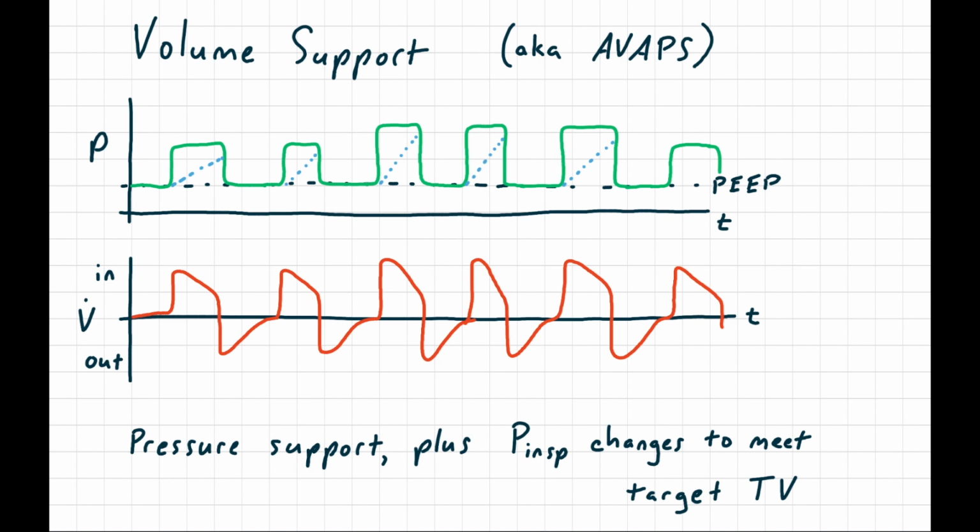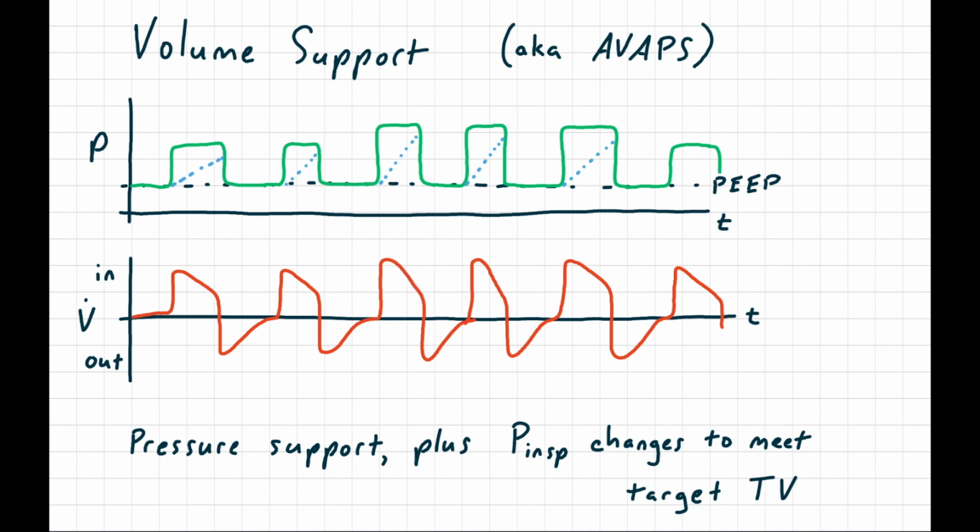What makes this mode different is that, just like in pressure-regulated volume control, as the patient's compliance or cooperation changes, the ventilator keeps track of the tidal volume achieved every breath, and then the computer increases or decreases the inspiratory pressure as necessary to maintain a target tidal volume.